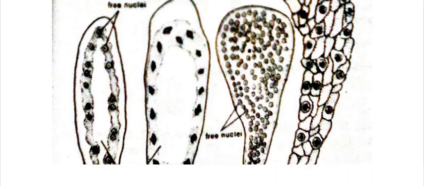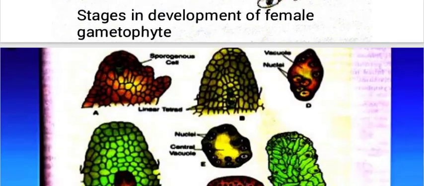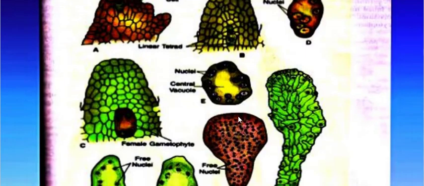Now we will see the diagram again in which the development of the gametophyte is shown. This is the sporogenous cell in the nucellus, which after reduction division will produce the tetrad of 4 megaspores.